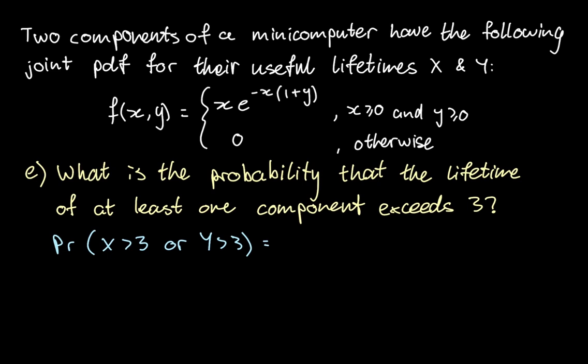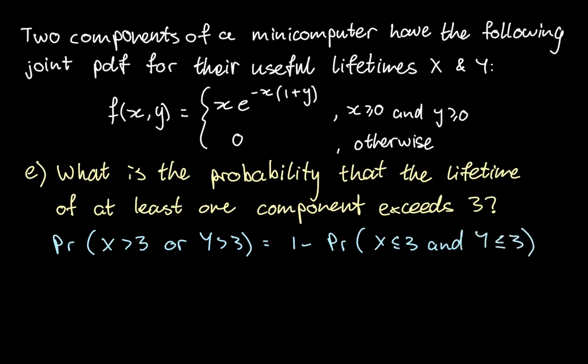So there's a number of ways that you could do this. I'm going to show you one of the ways. So what I'm going to essentially say is that I'm looking for either x greater than 3 or y greater than 3. So in other words, I'm looking for 1 minus the probability that x is less than or equal to 3 and y is less than or equal to 3.